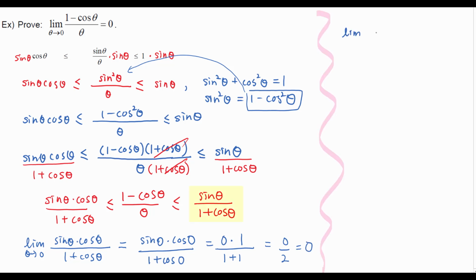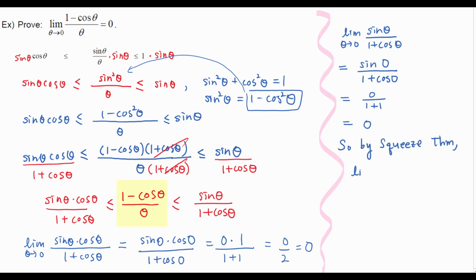And the limit of sine theta over 1 plus cosine theta as theta approaches 0, by direct substitution, I get sine 0 over 1 plus cosine 0, which is 0 over 1 plus 1, which is 0. So by the Squeeze Theorem, the limit of 1 minus cosine theta over theta as theta approaches 0 is equal to 0.